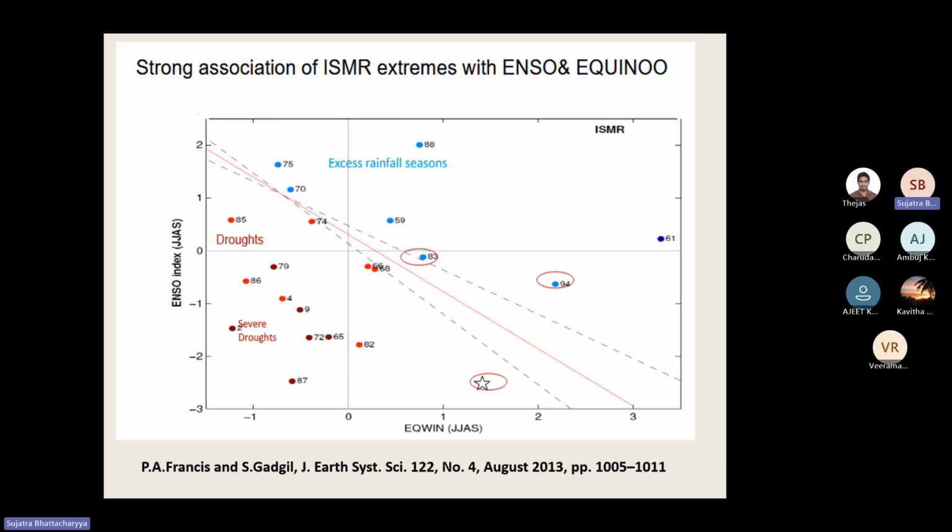This to me is a great development, showing that for most extreme years one can connect things. But the interesting thing here is that she left out all the normal years. Okay, because normal years are more complicated and more work needs to be done. If EQUINOO and ENSO go in the opposite direction, then the outcome is a drought.